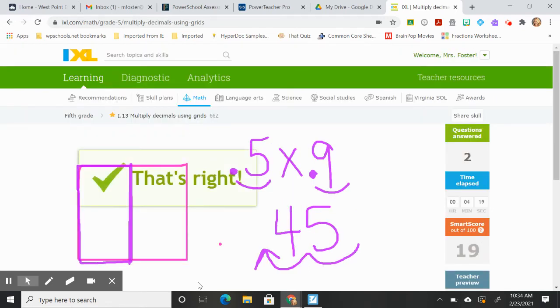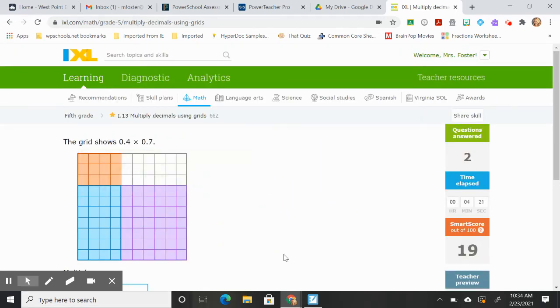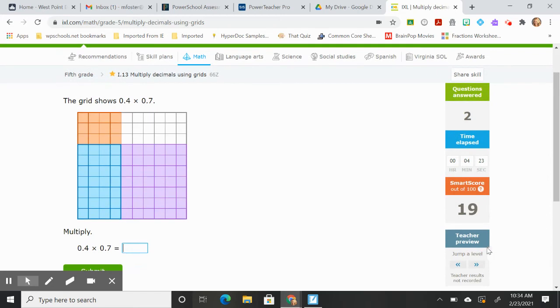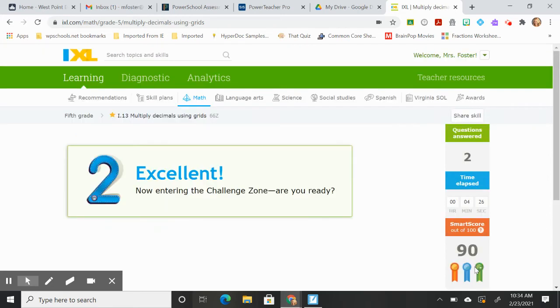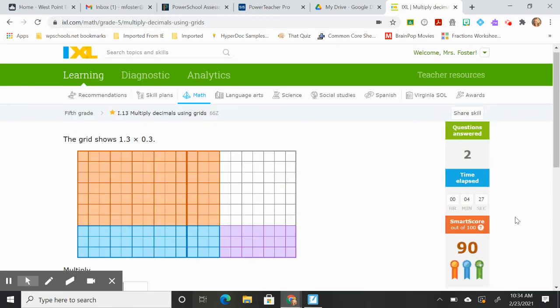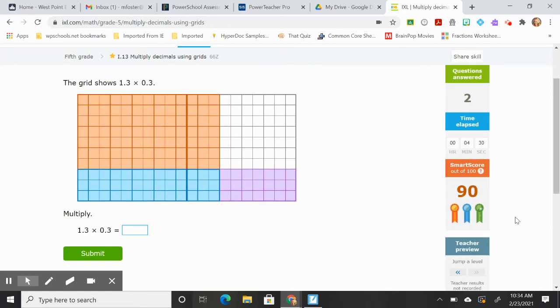All right. Well, I'm going to skip ahead to see if we can get one that's more than one whole. Here we go. So I've got 1 3/10 times 3/10. My 1 3/10 is this part in orange.